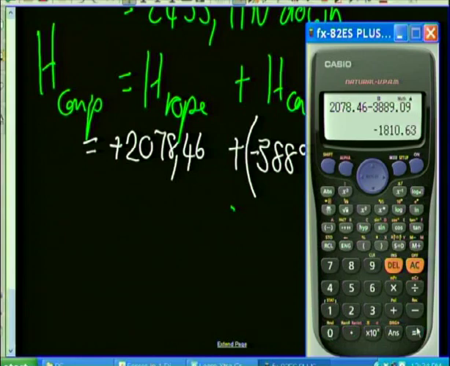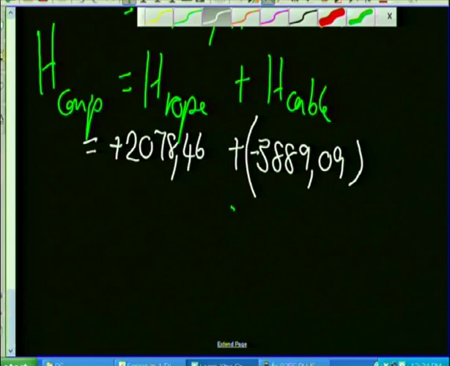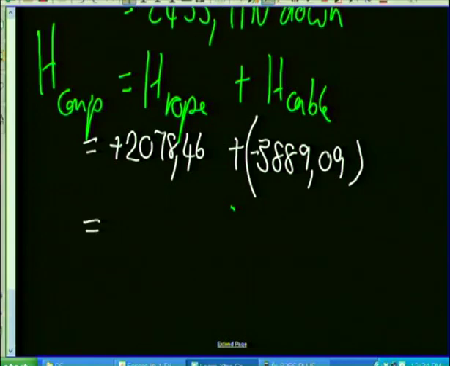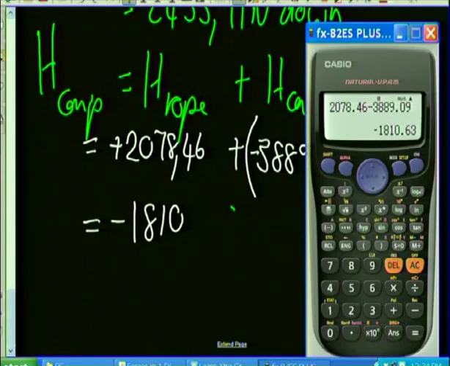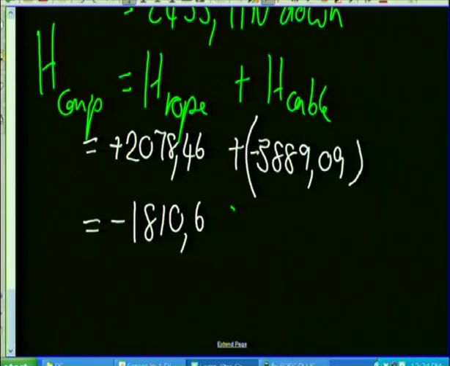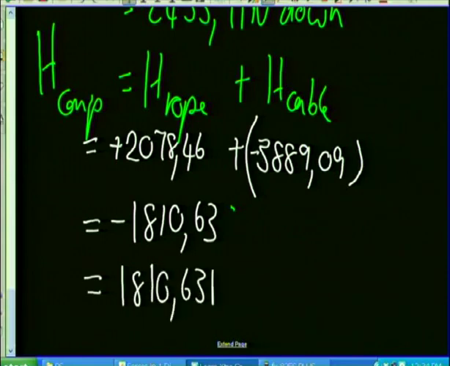That gives us a negative answer, meaning to the left, of minus 1810.63. This means that it's 1810.63 newtons to the left.